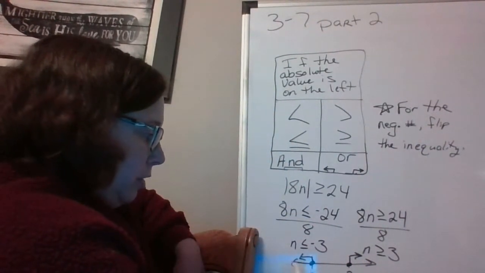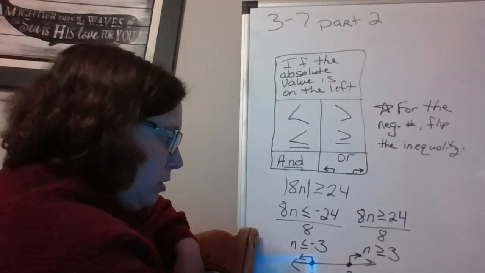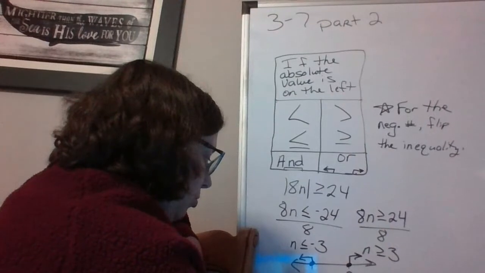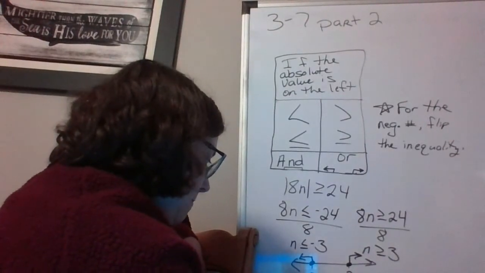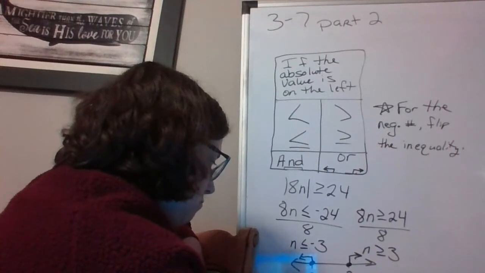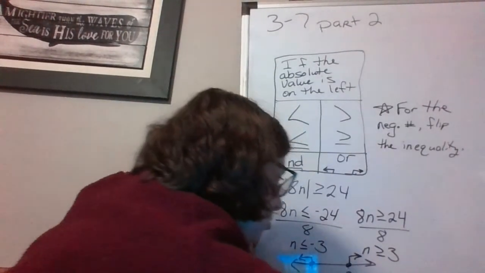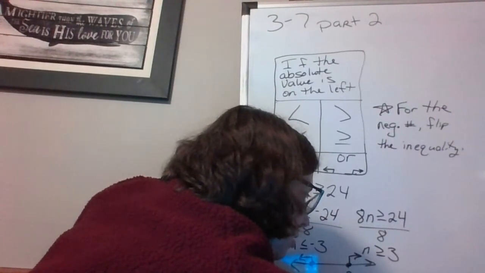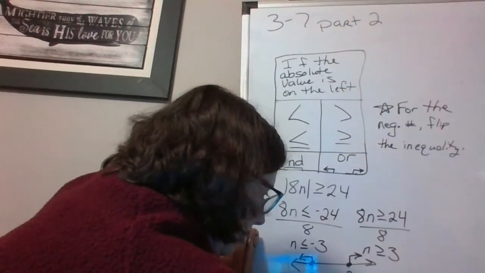We want one to be on the true side over here, one to be on the false side in the middle, and one to be on the true side over here. So I am going to pick negative 4. Oh, 4 would be over here. And I'll put 0 in the middle.